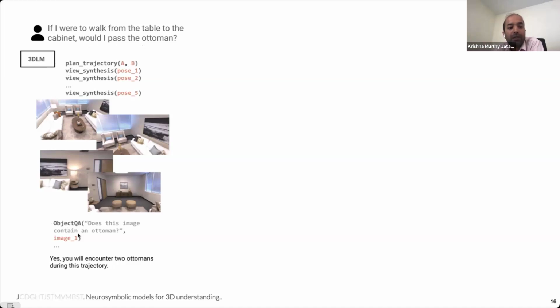For each of these images, we ask the question to an object QA agent, and then consolidate all of these responses to come up with a single response that, yes, you will encounter two ottomans during this trajectory. So this is an interplay of both these prescriptive symbolic operators and neural operators like the object QA, and organizing their outputs to form a coherent response.